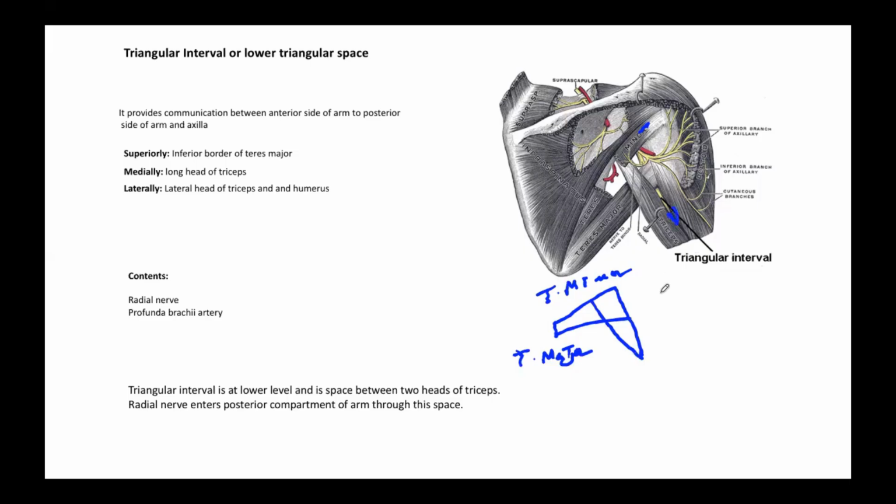So these are the two heads of triceps. The lateral one is the lateral head of triceps because it's on the lateral side, and this is the long head of triceps.